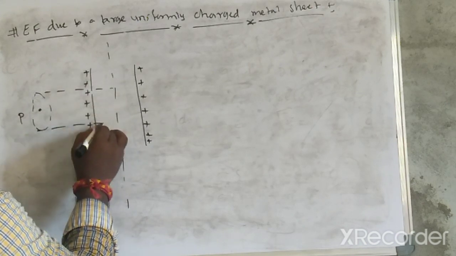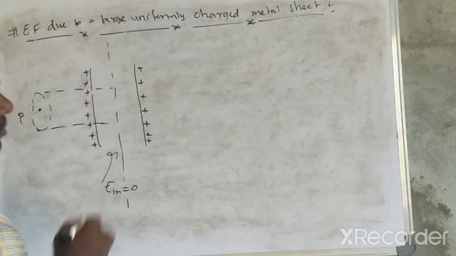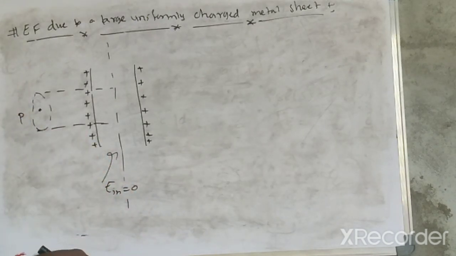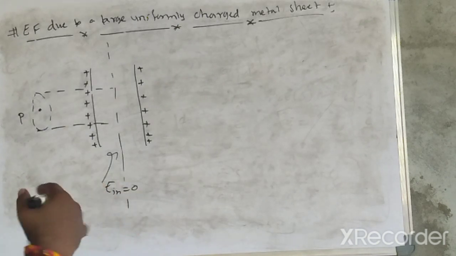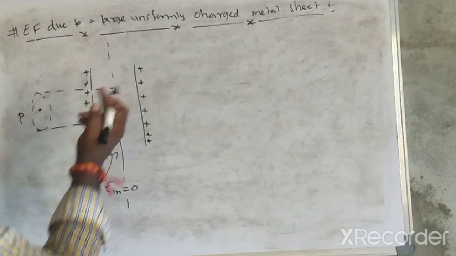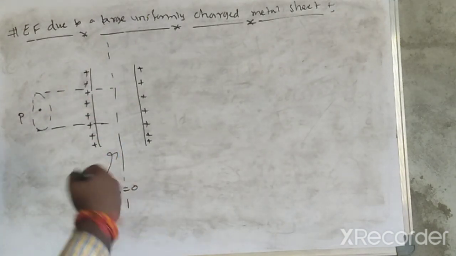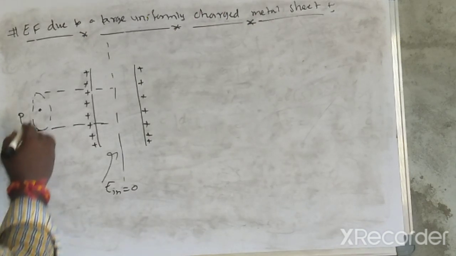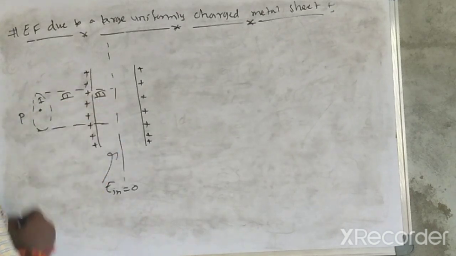Inside, the electric field becomes 0 because the charge enclosed is equal to 0, which is the symmetry property here. The charges are the same and in opposite directions. That's why inside the electric field is 0. Here is the first surface, this is the second surface, this is the third surface.